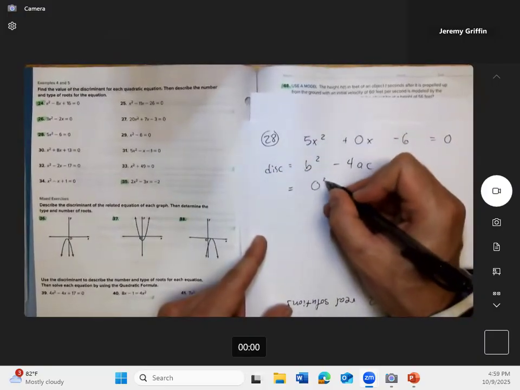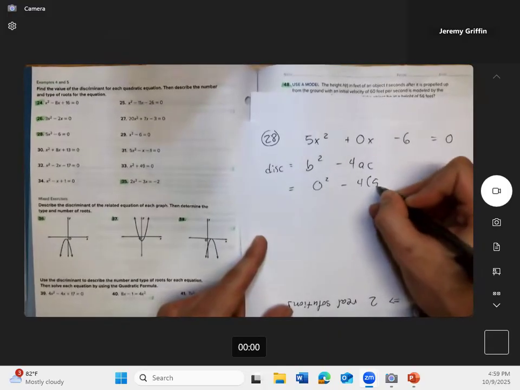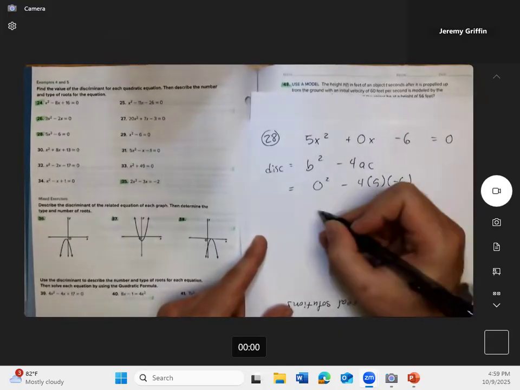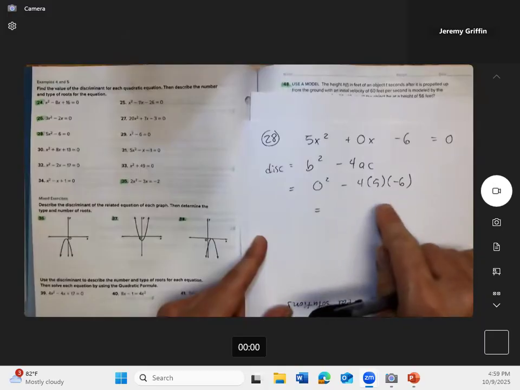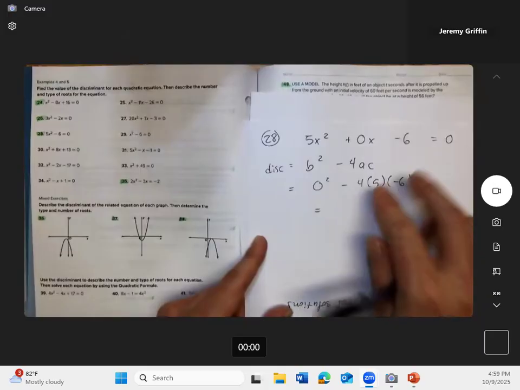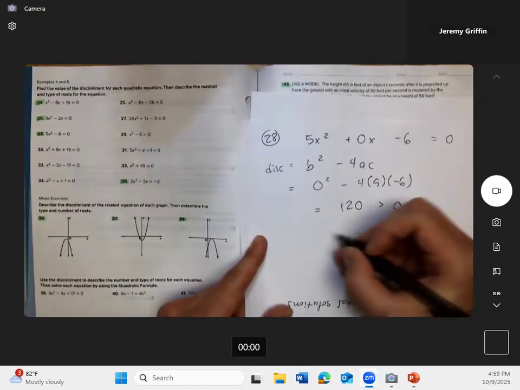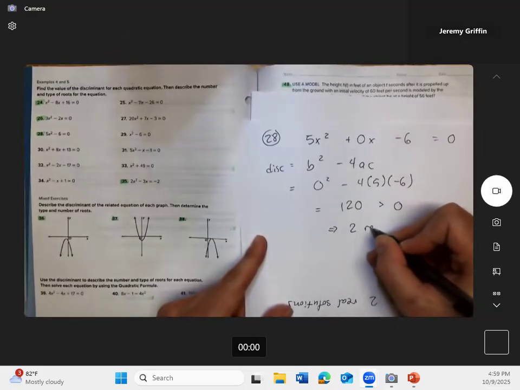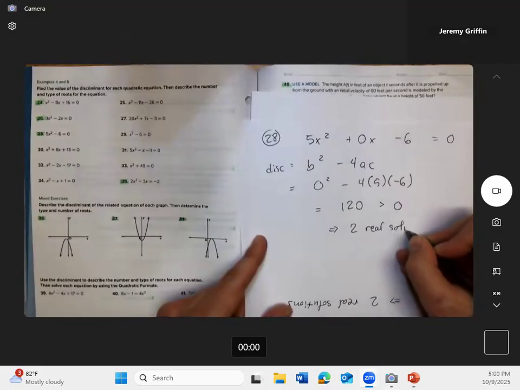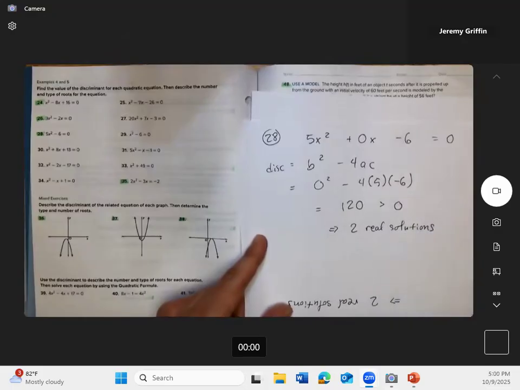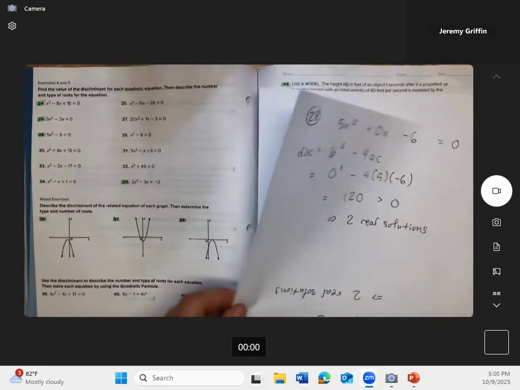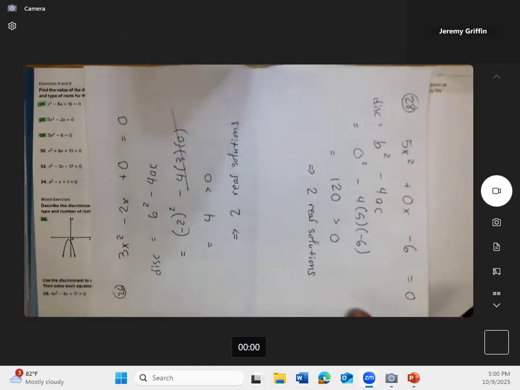Which in this case is 0 squared minus 4 times 5 times negative 6. I got two negatives that makes it positive. So I think it's 120, right? But the important thing is that it's positive, which means I get two real solutions. Okay. So 26, 28, each of those I'm getting two real solutions.